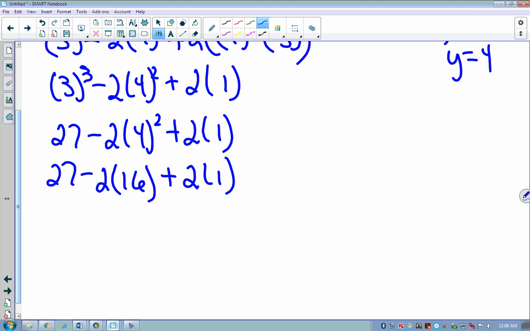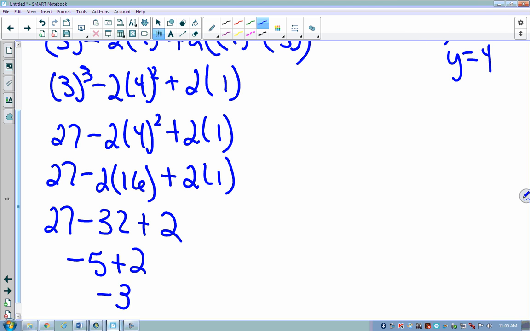That's fine. Now we're left with negative 2 times 16, which is negative 32, plus 2. So we have 27 minus 32 plus 2. 27 minus 32 is negative 5. Negative 5 plus 2 is negative 3.